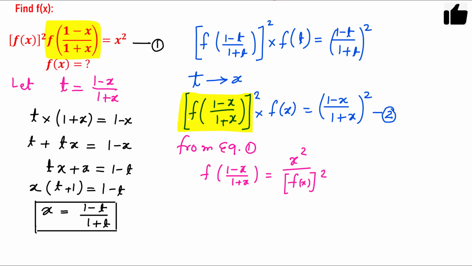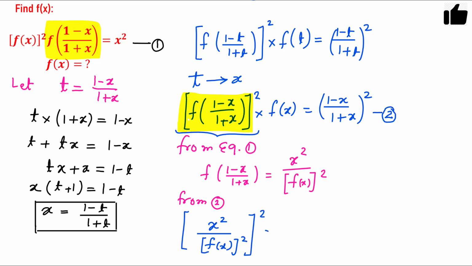Now let us plug this value into equation 2. The first term will be x squared divided by f(x) whole squared, and then again whole squared, and this times f(x) is equal to ((1 minus x) divided by (1 plus x)) whole squared.